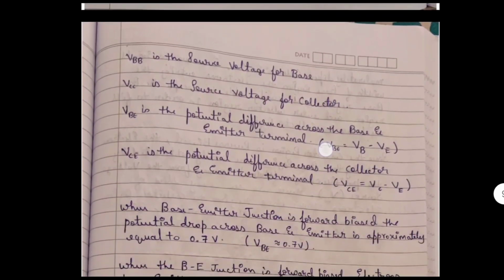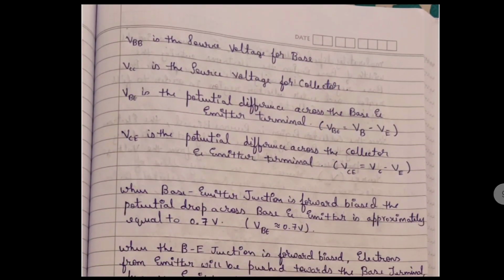So VBB is the source voltage for the base, and VCC is the source voltage for the collector. VBE is the potential difference across the base and the emitter terminal, that is VBE equals VB minus VE, and VCE is the potential difference across the collector and the emitter terminal, that is VCE equals VC minus VE.